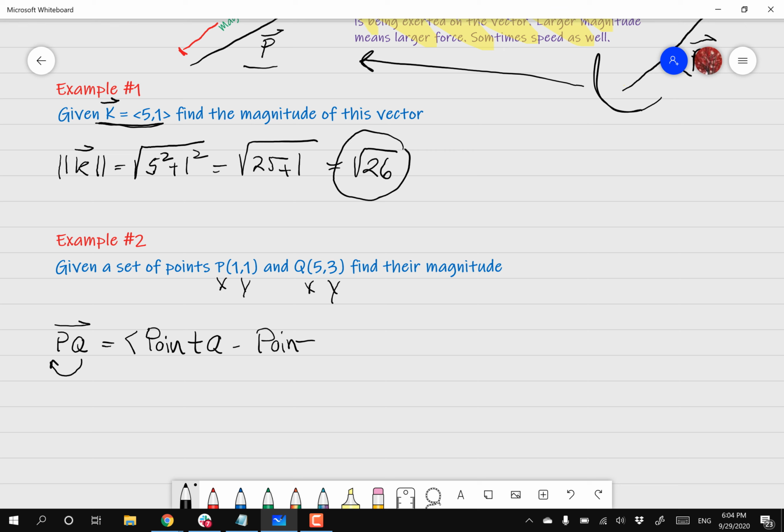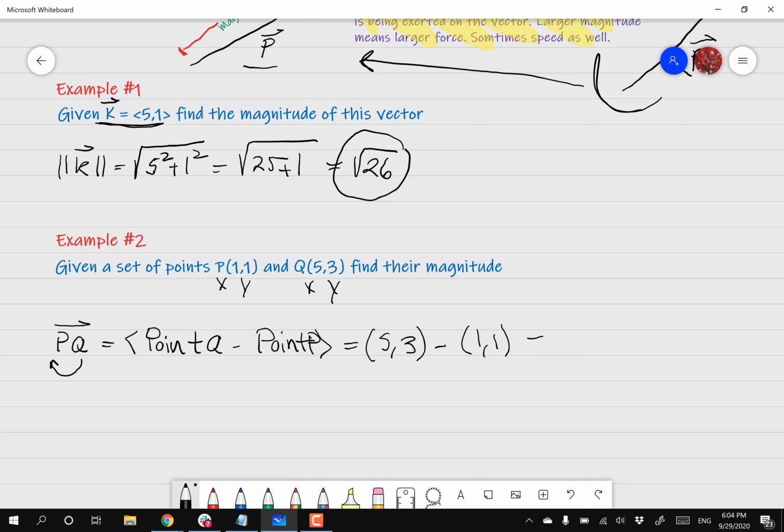Whenever you're trying to find a vector from a point, all you're doing is taking the second letter in your vector, and then you go to the right. So point Q is going to have 5 and 3, and point P is going to have 1 and 1.